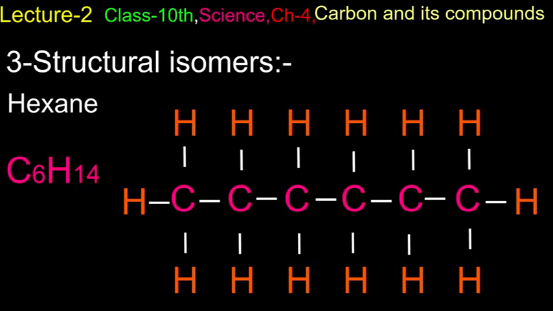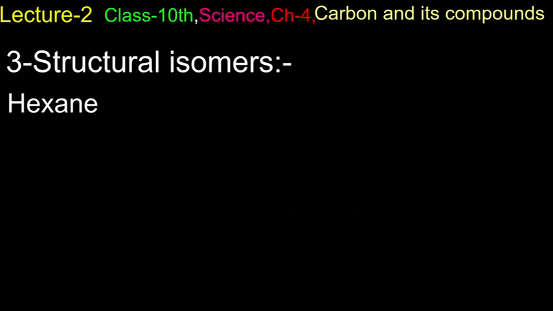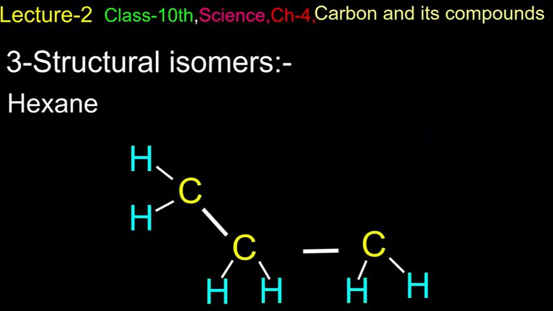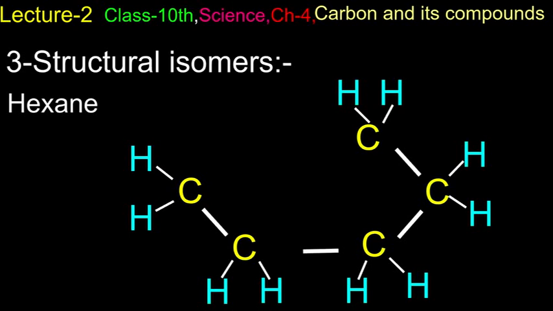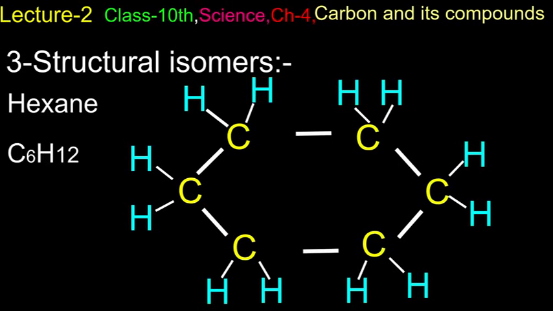For example, this hexane can have cyclic structure also, and that is called cyclohexane. The structural formula of cyclohexane is, you can see here, CH2, CH2, CH2, CH2, CH2 and CH2, all bonded in a closed ring, and its chemical formula is C6H12.